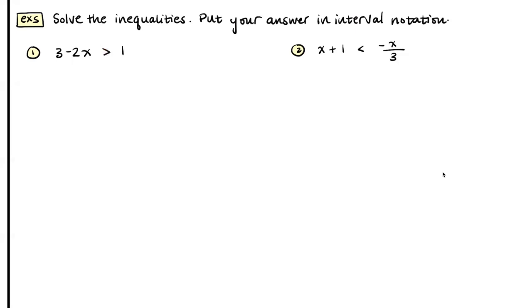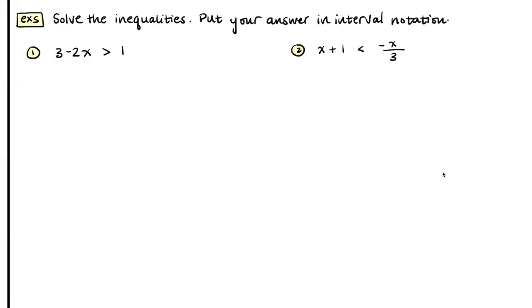So the first one, 3 minus 2x is greater than 1. The idea here is to isolate the x on one side of the inequality symbol. So the first thing to do would be to isolate this chunk. We've got this 3 here that we need to get rid of first. So the opposite of having a plus 3 is having a minus 3.